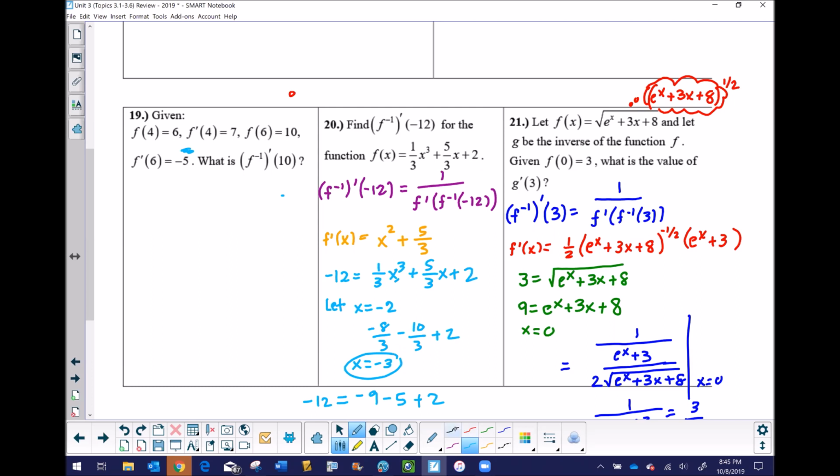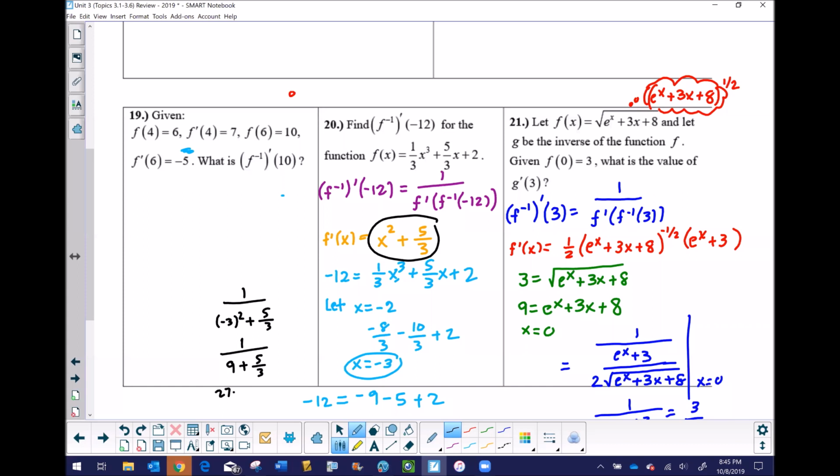So basically, to solve this problem, this is your denominator because that's your f prime. And you replace the x with -3. So when we simplify this, we get 1/9 plus 5/3. The 9 is the same as 27 thirds, is it not?